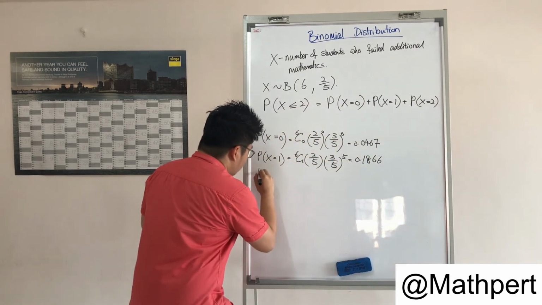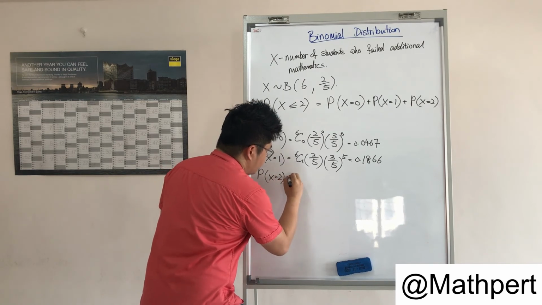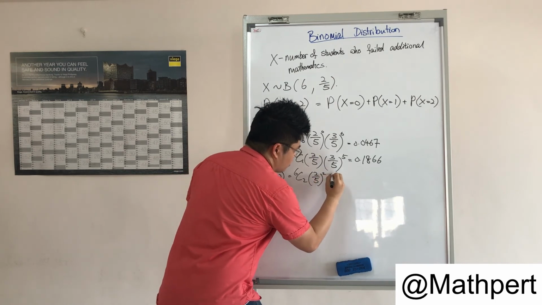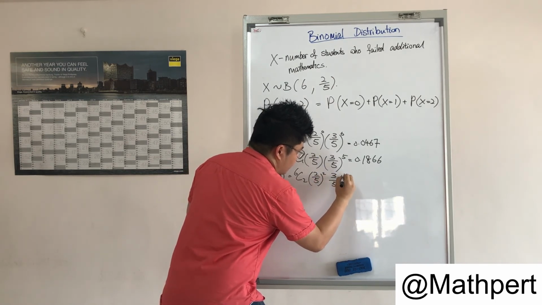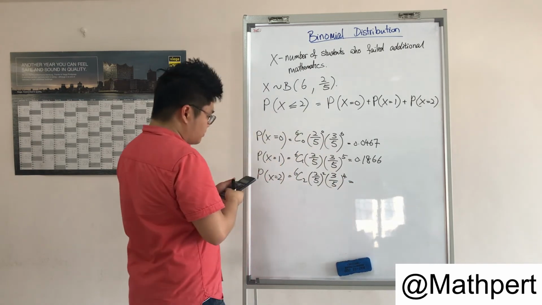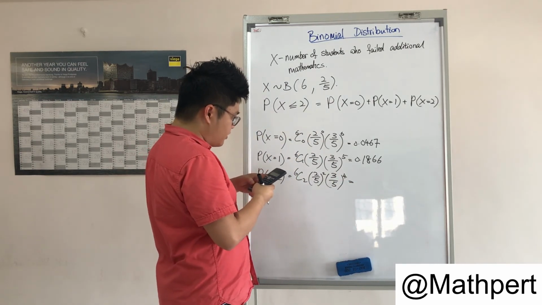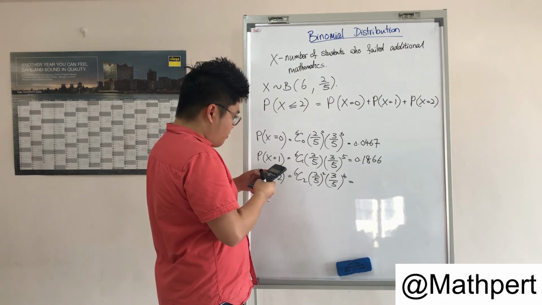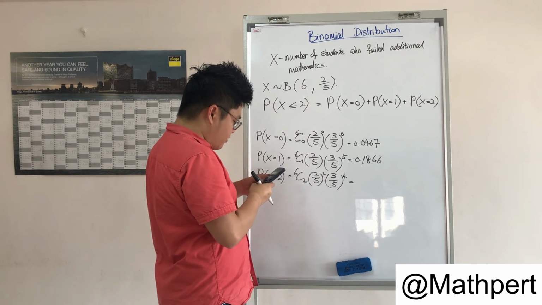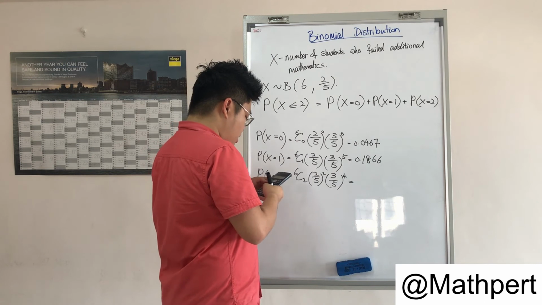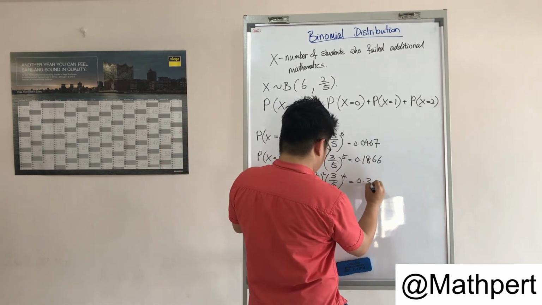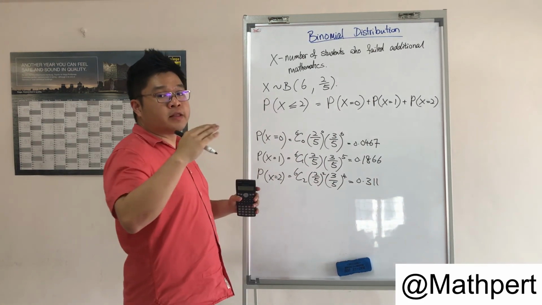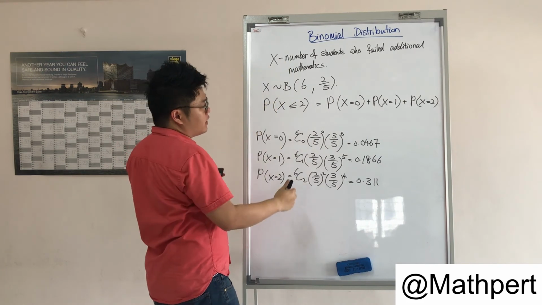Then P(X=2) is 6C2, 2 over 5 power 2, 3 over 5 power 4. 6C2 is 15. Multiply by 2 over 5 squared, multiply by 3 over 5 power 4. We got 0.311.